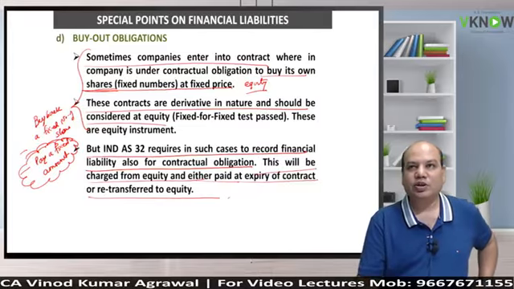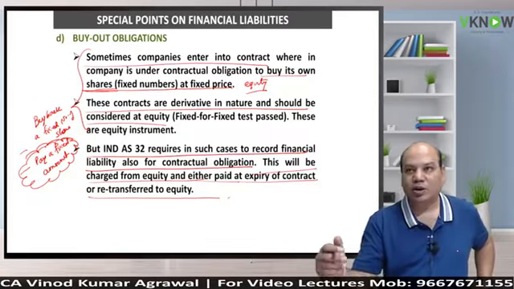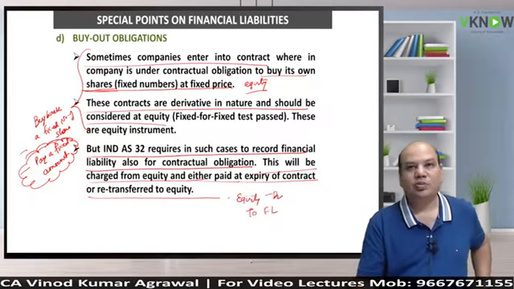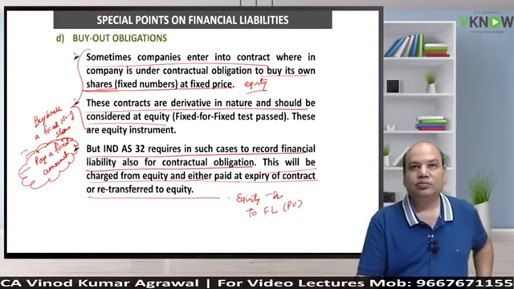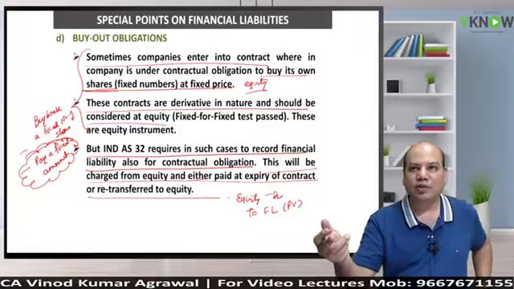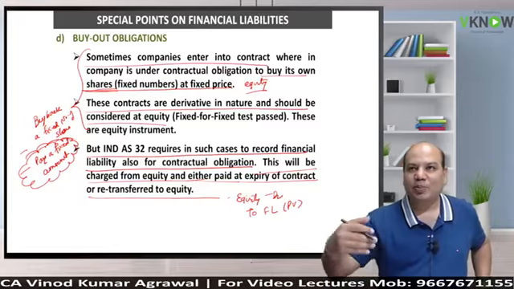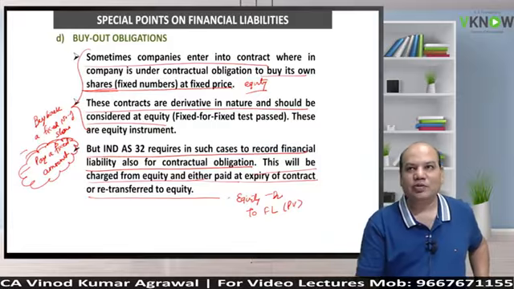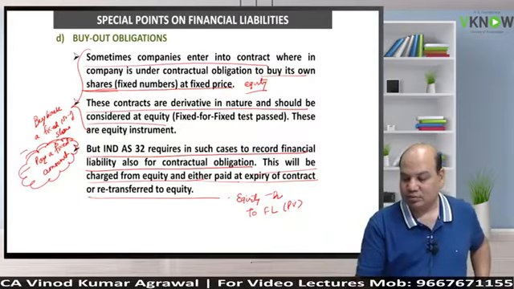So I will create a financial liability today by passing an entry: equity account debit to financial liability, at present value. This will be at present value because financial liability is measured at fair value. So if the gap between today and the date of payment is more than 12 months, it will be discounted. Okay.